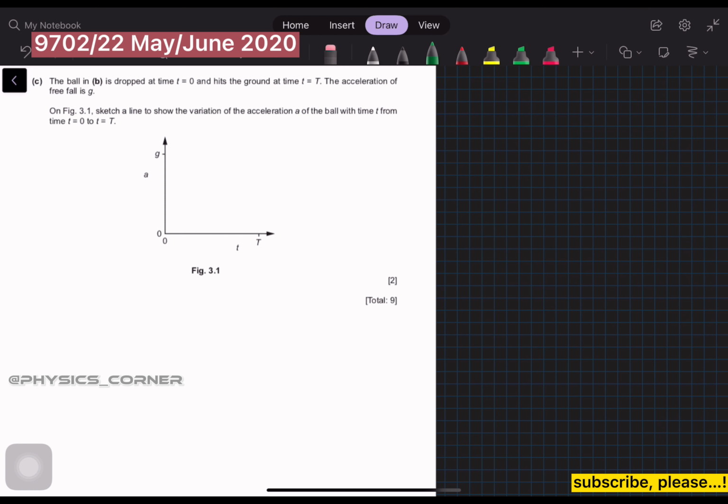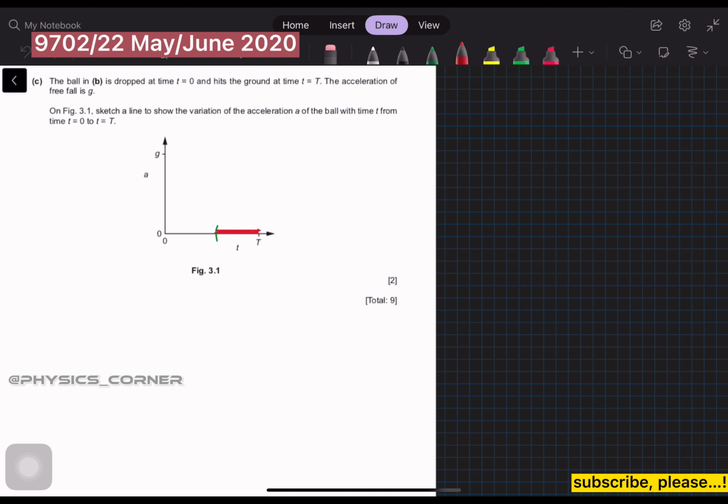Okay, the graph. Because the ball has constant velocity, or terminal velocity, at some time t, it has zero acceleration.